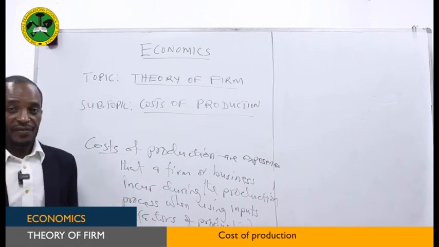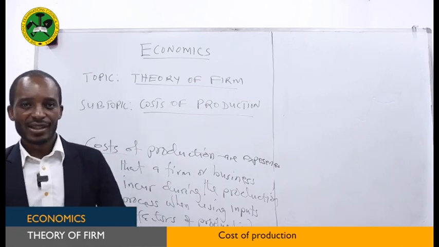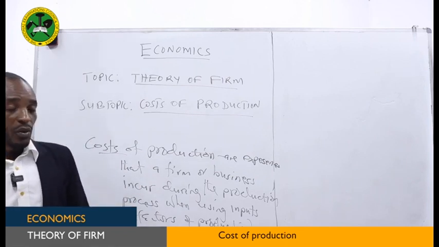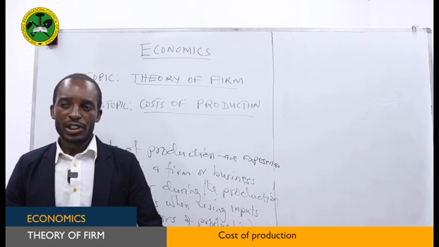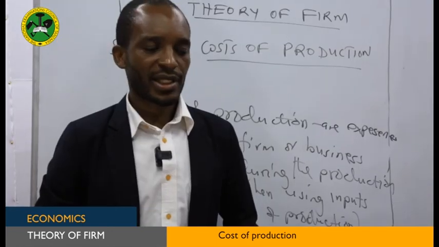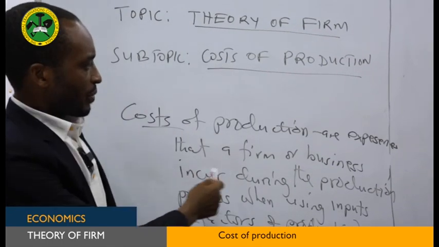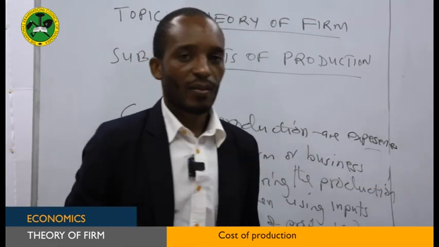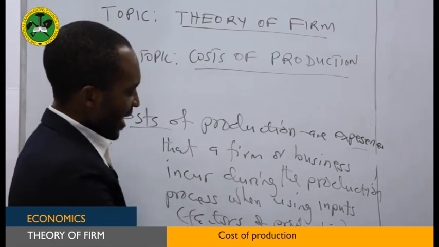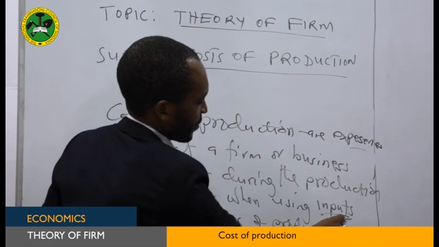So when a firm or a businessman or businesswoman is producing a commodity, he or she will incur some costs. Those costs are expenses which we use to buy the inputs.